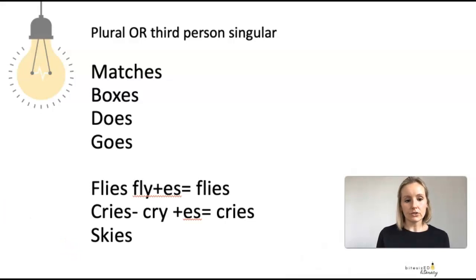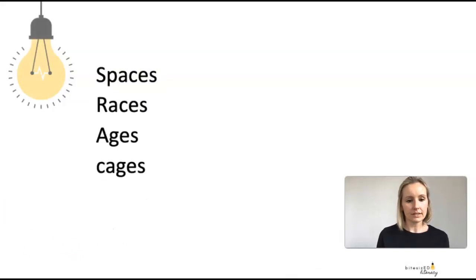Now, if we go on to this list here, we have spaces, races, ages, cages. Again, you can hear the iz at the end. Now you might say, but Veronica, the word space already has an e at the end. My argument is that these words are actually removing that silent e and then adding es, because we're giving this a new sound.